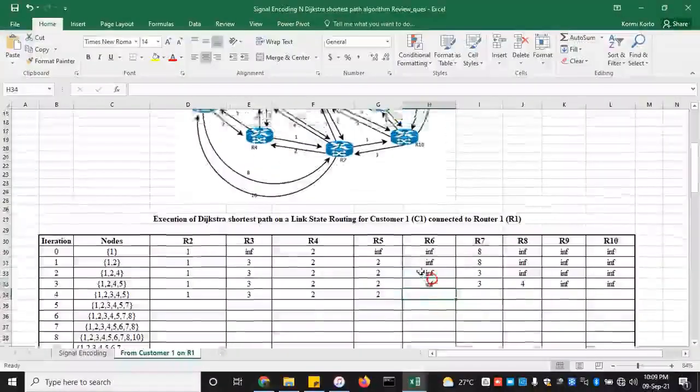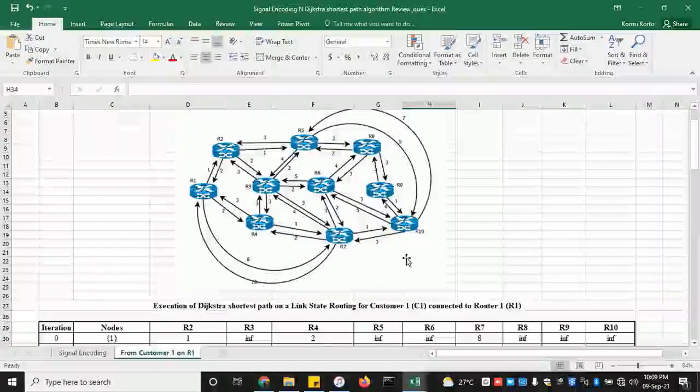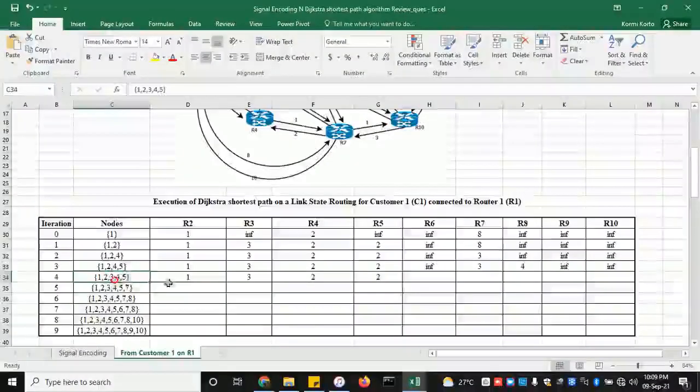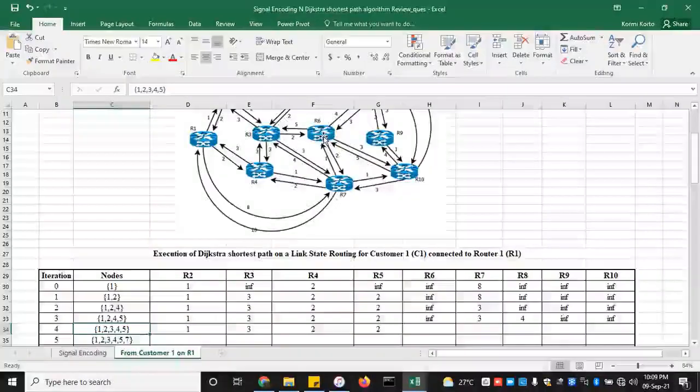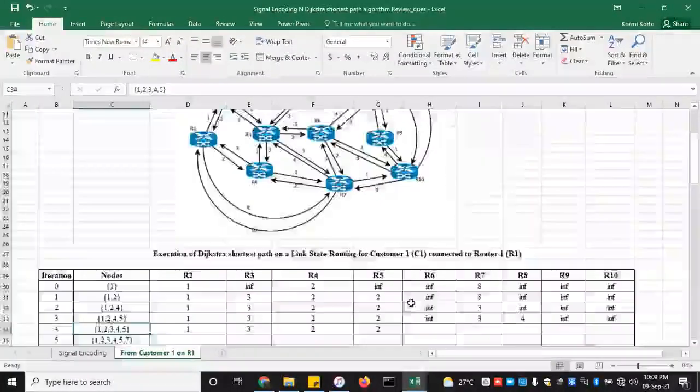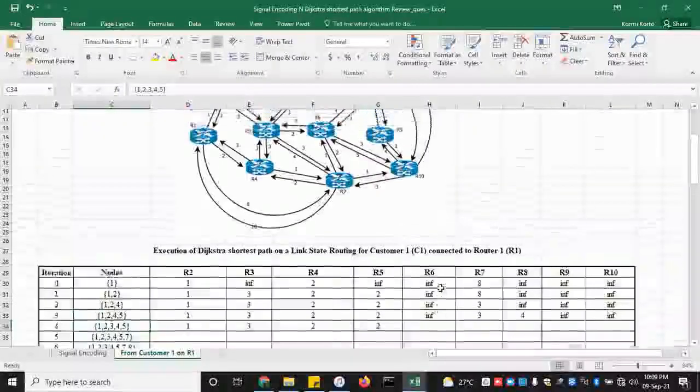Now, watch what happened with 6. Since router 3 or node 3 is inclusive, we can actually get to 6 now because node 3 is directly connected to node 6 or router 6. So if it's a customer connected to that, you can forward the transmission to that person directly without having an infinite route allocated to it anymore.